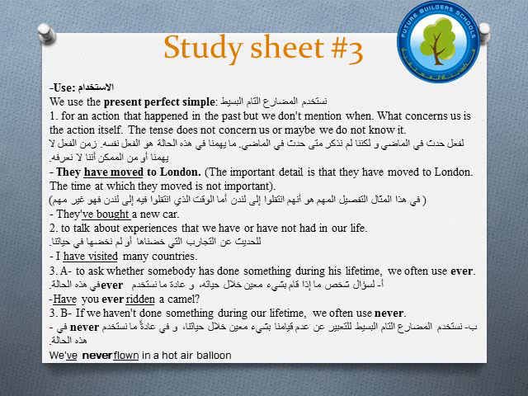Now, B from this use is if we haven't done something during our lifetime, and we often use never. For example, the question we have above, have you ever ridden a camel?